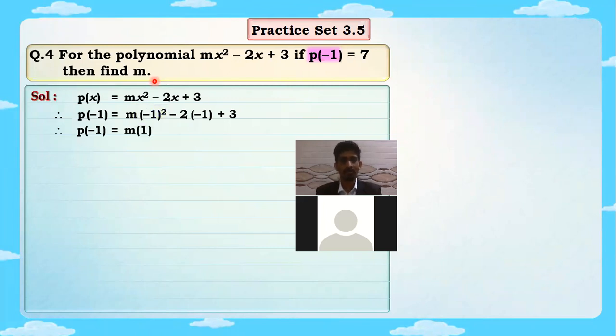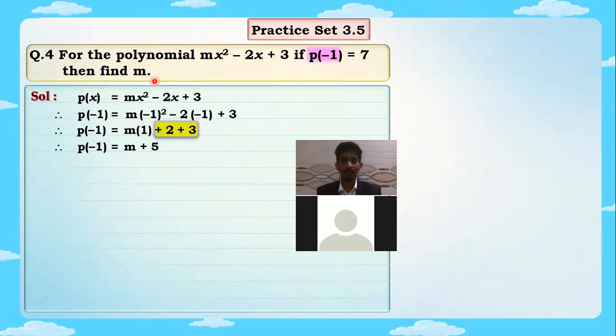Let's multiply these two, minus into minus, plus 2 1s are 2, तो plus 2 plus 3. So P of minus 1, you are getting the answer as m 1s are m plus 2 plus 3, that is 5. Now students, we have got P of minus 1 का answer as m plus 5.